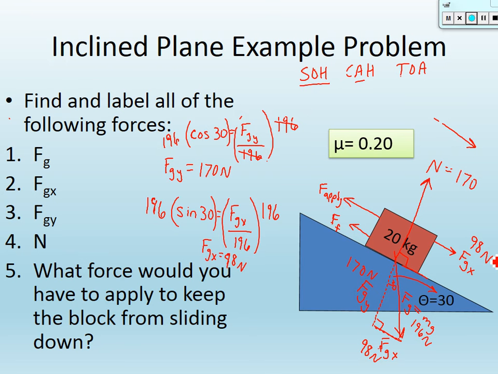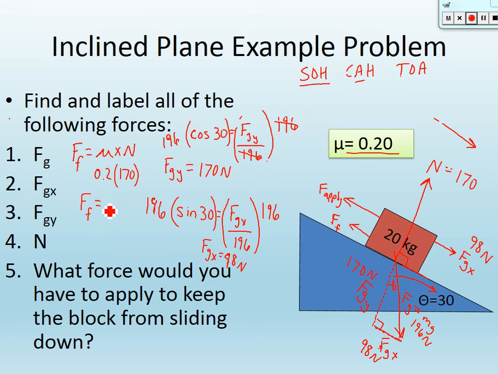Okay, we don't know force applied, that's what we're trying to solve for, but we really have to solve for force of friction first. You guys remember how to solve for friction? It's equal to what? Mu times normal force. It told us the mu was 0.2, so 0.2 times 170.